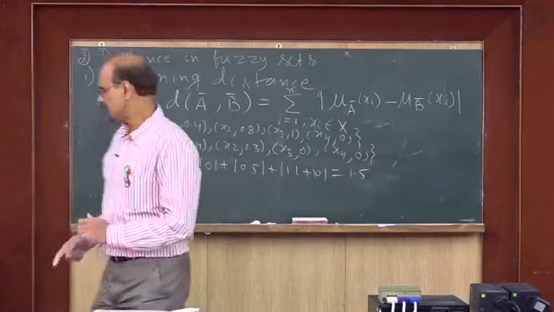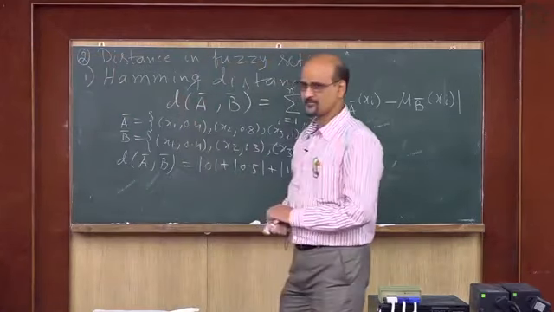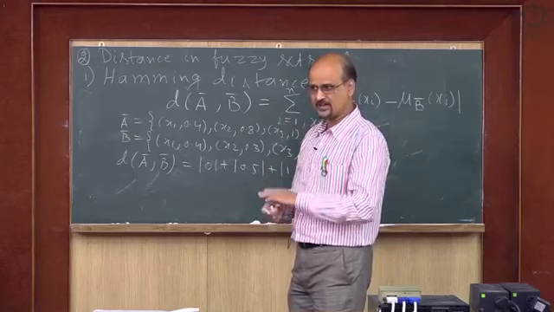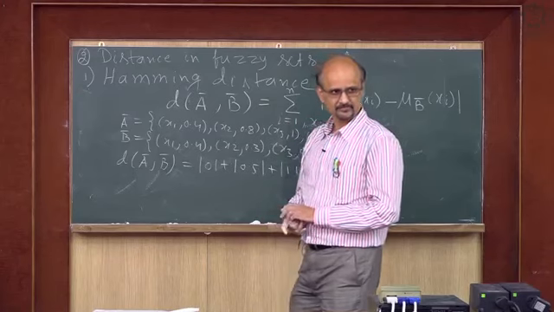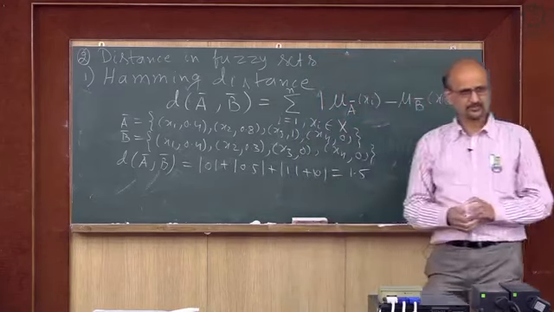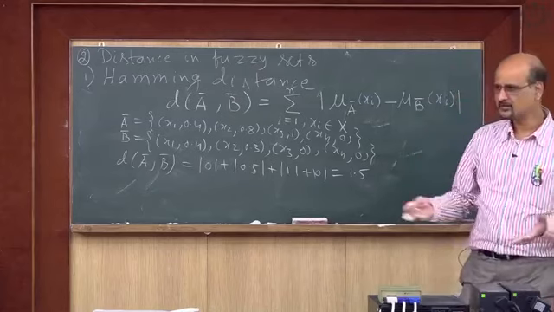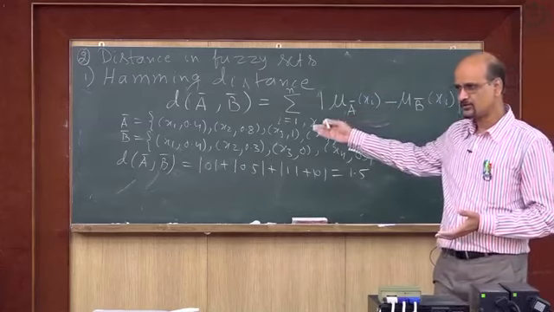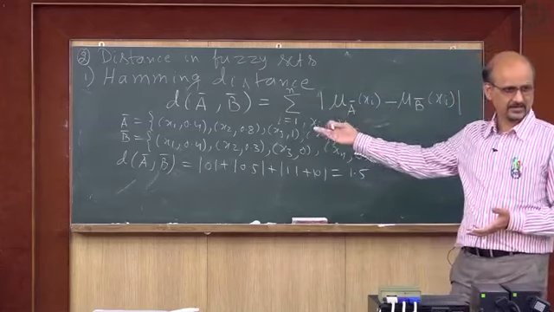Very simple. Now, we can have the relative Hamming distance, as we did earlier. There we have to divide by the cardinality of X. Suppose n is the cardinality.